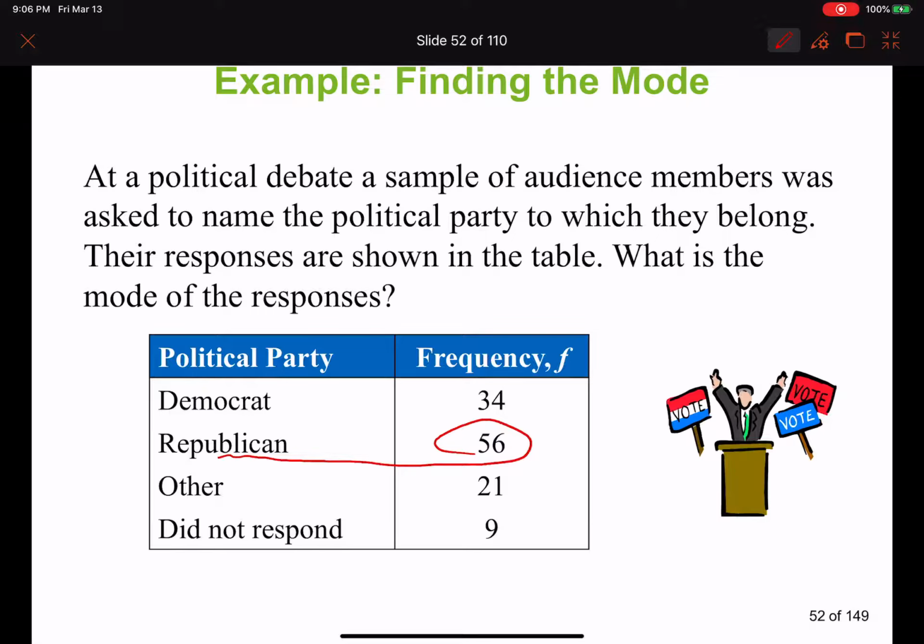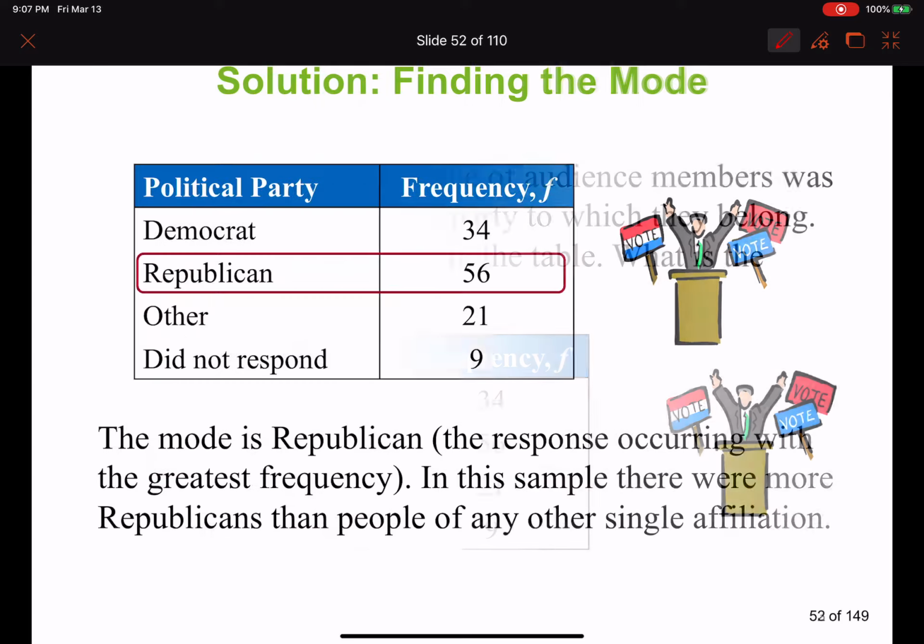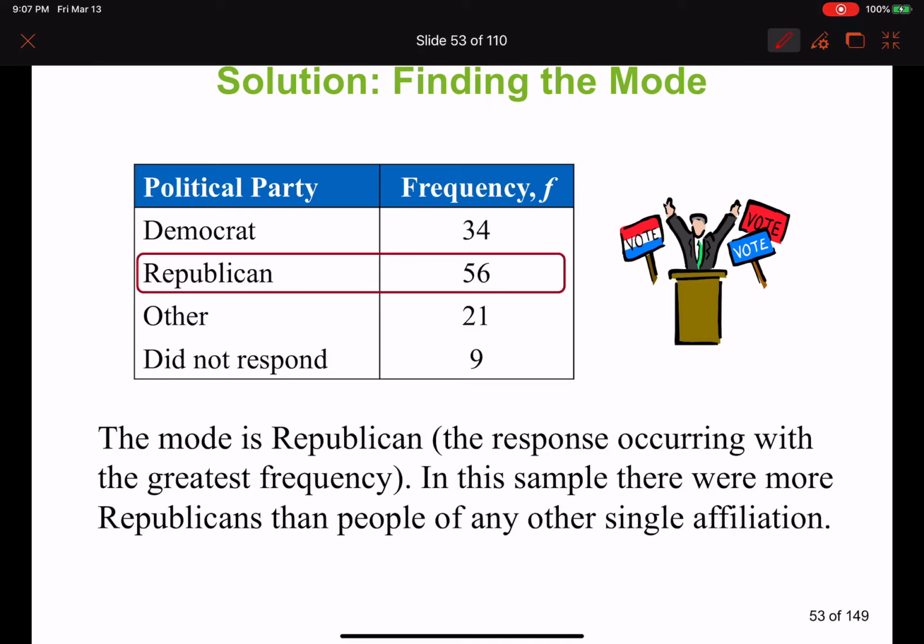The other numbers repeat less. So we call it bimodal when two numbers repeat the same amount of times, trimodal when three numbers repeat the same amount of times. Okay? All right. Here it is. 56 is going to be our mode.